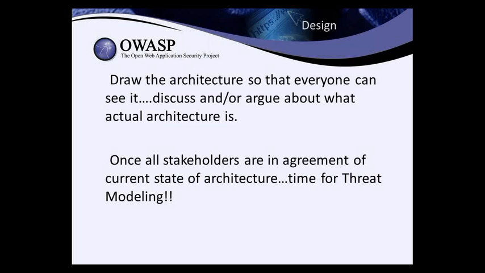It's exactly the way I designed it. We changed it. Didn't work. So that has to happen first. You have to have that discussion so that everyone can see, okay, what is the actual state of the architecture? Once everyone gets to the point where they agree on that, then you do something fun called threat modeling.